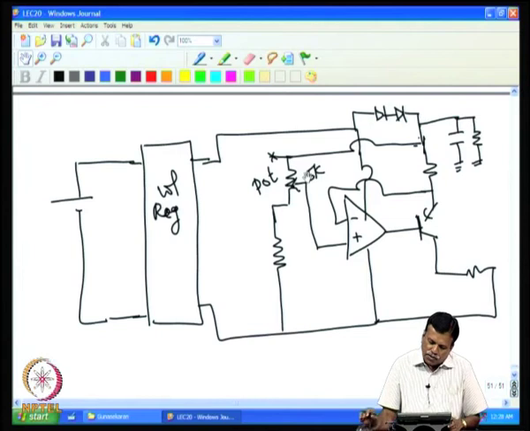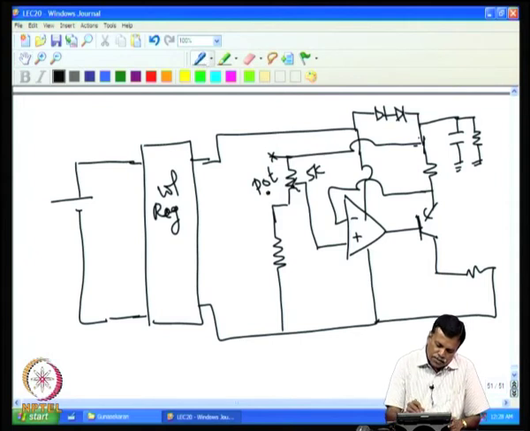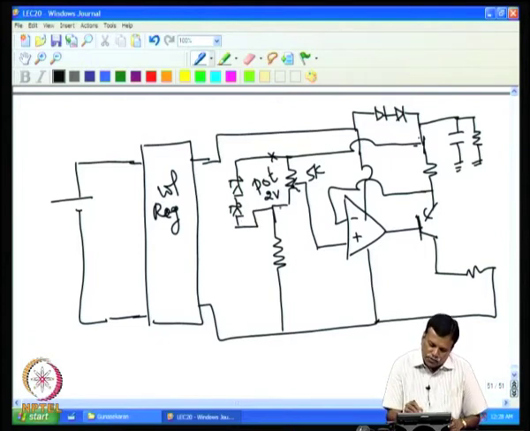Now, one can do that. For example, if I want 20 milliampere, I can have a 2 volt drop across this. I can achieve this exactly by, for example, having 2.4 volts in here. So, one will get 2.4 volt across this. Only thing is that it may not go all the way when it goes to one end.